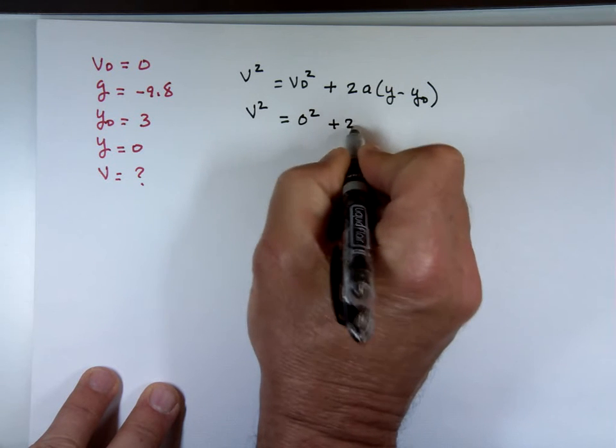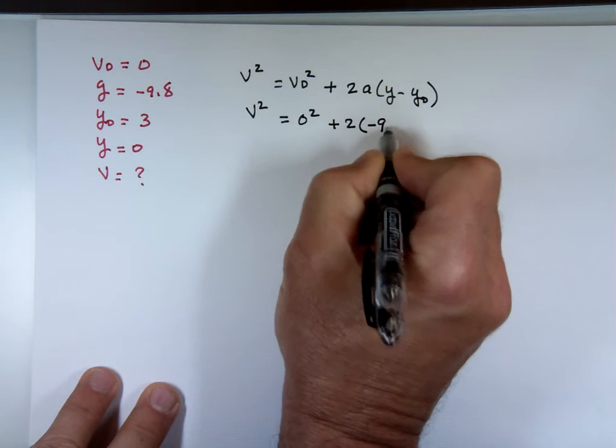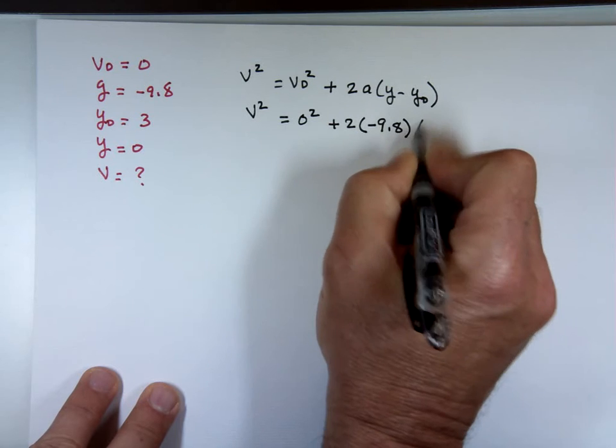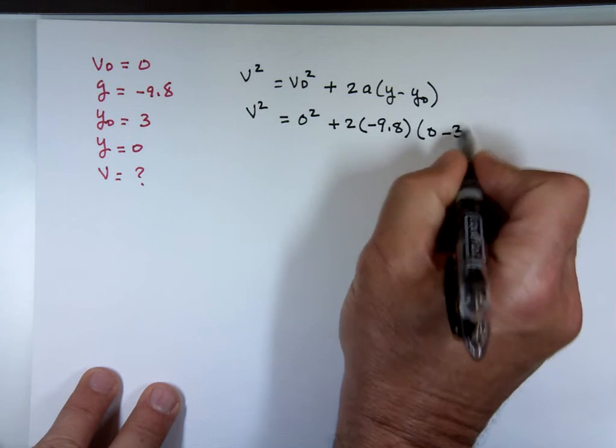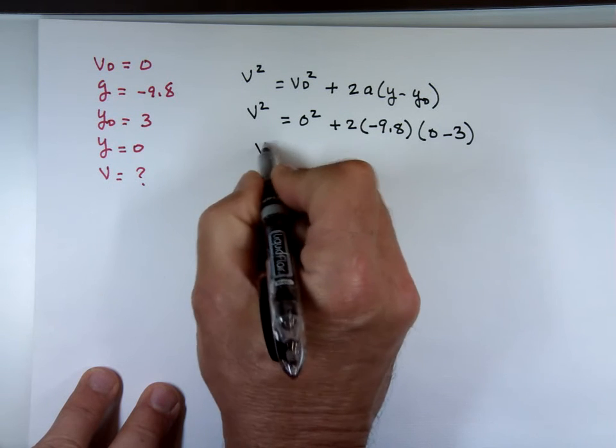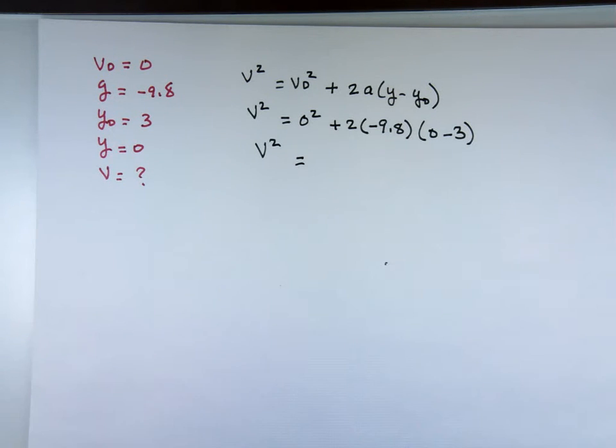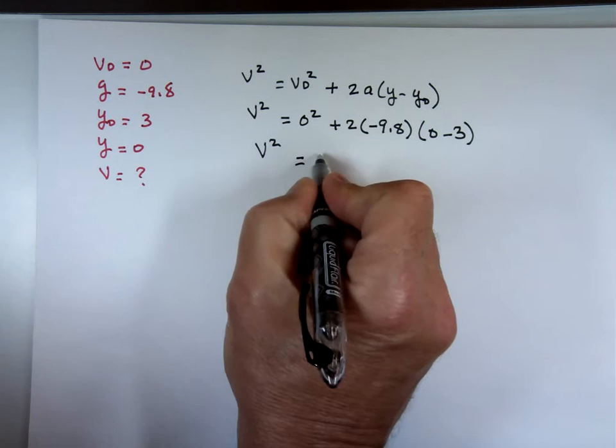I can use the last equation, equation 5 probably. Two times gravity is negative 9.8. Y minus y sub 0, y is 0, y sub 0 is 3. Notice that number is positive now. 58.8.